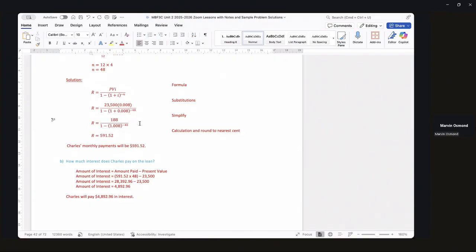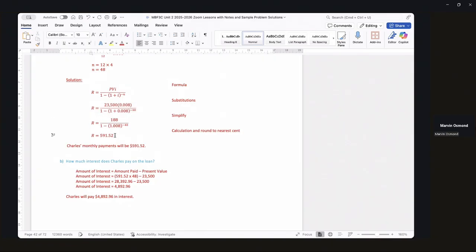If you do the calculation on the bottom, you're going to get a very large decimal number. And whenever we're working on these sorts of problems, we don't do any rounding until the very final step. If you round off up here in the second step, you're going to get a rounding error. You won't get the correct answer.